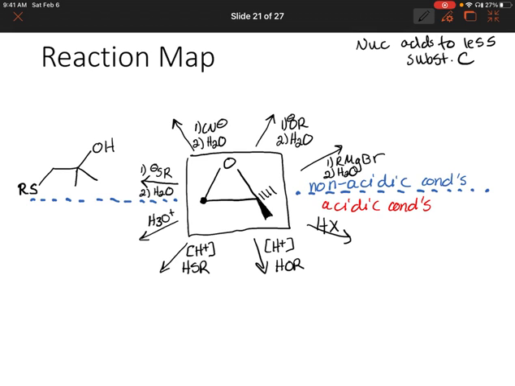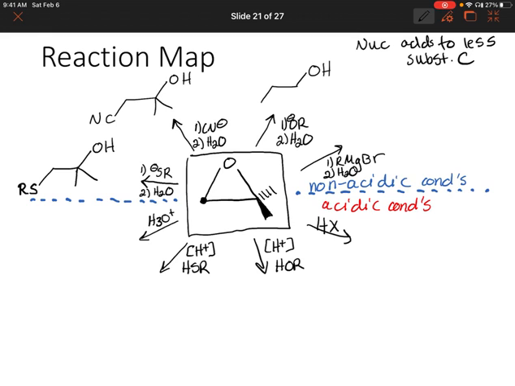And then this is really going to look the same for all of the other products, except we're just switching out that nucleophile. All right, so that looks really similar, but instead of SR, we have CN for cyanide.